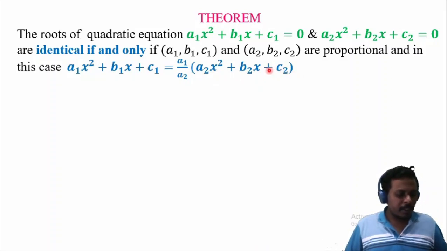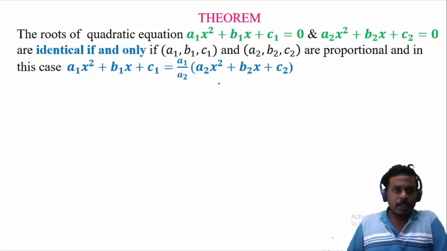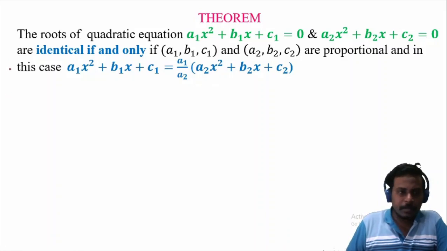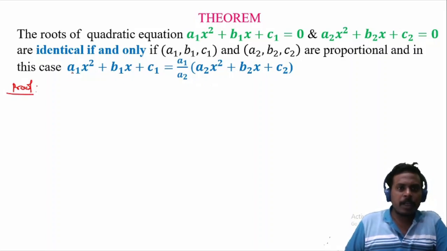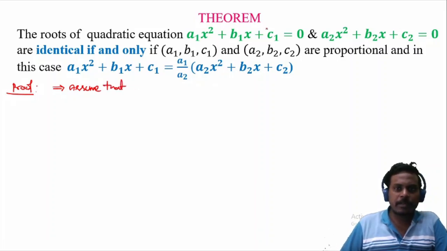Okay, let me discuss the proof of this. The proof is simple. So this is an if and only if condition. First we will prove one way. Let us assume that the first equation, let me call this as equation 1, and let me call this as equation 2.